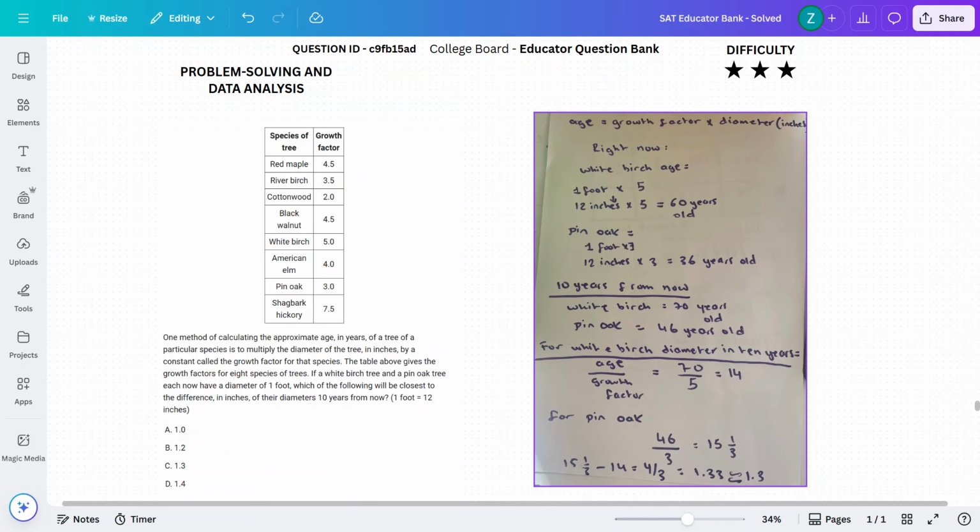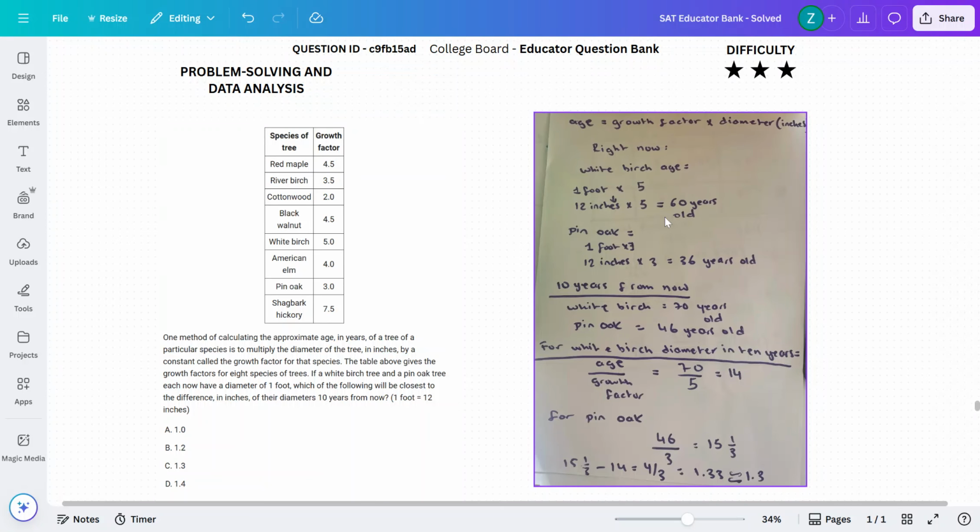So for the diameters in 10 years, we're just going to rearrange our equation over here. We divide the growth factor from both sides, so we have age divided by growth factor is equal to the diameter. For the white birch, since its age is now 70, I have a new diameter of 14 inches.